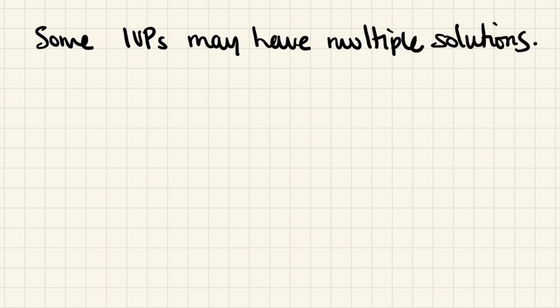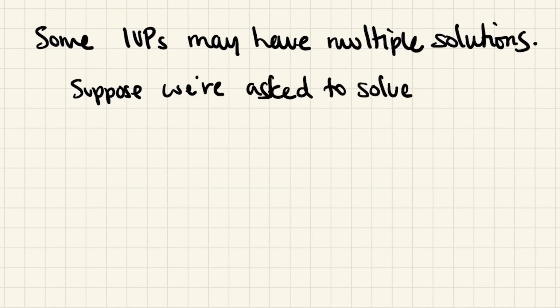All right, so for example, let's suppose we're asked to solve this initial value problem. We're told the derivative of y with respect to x is equal to x times the square root of y.